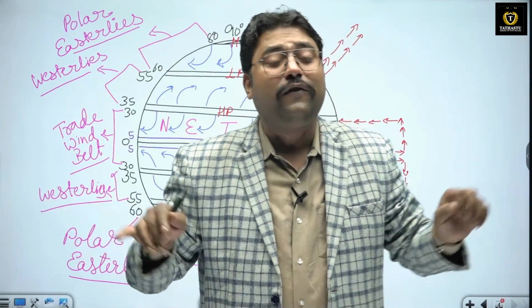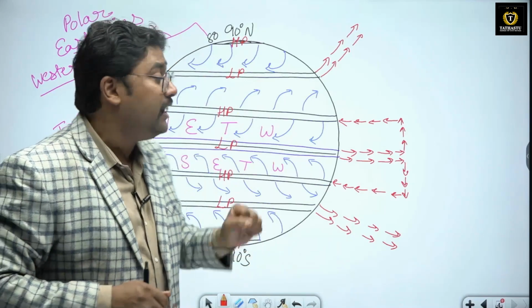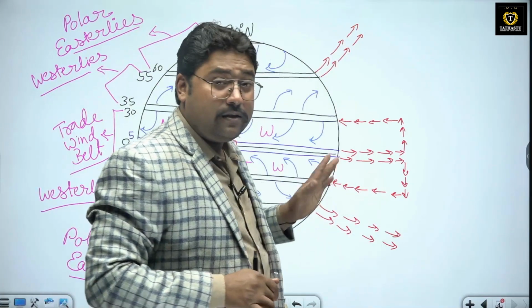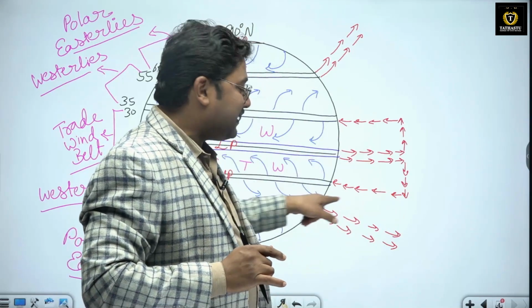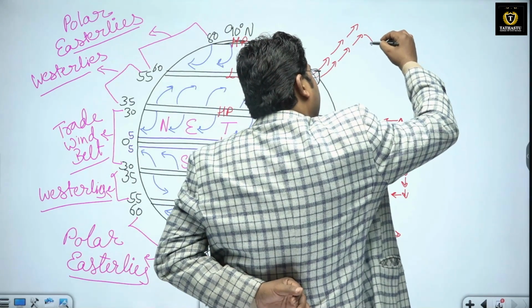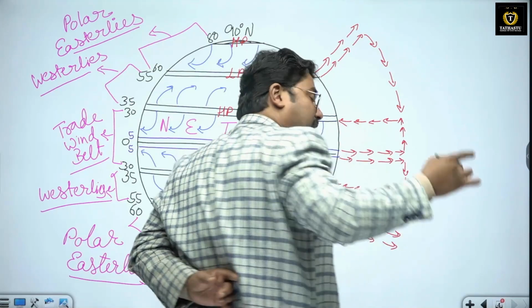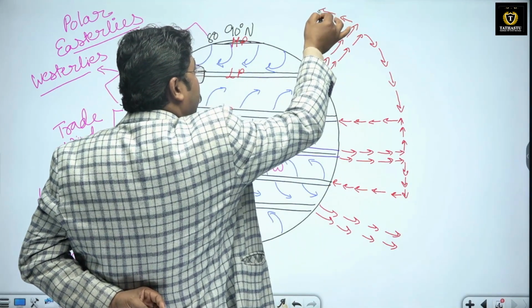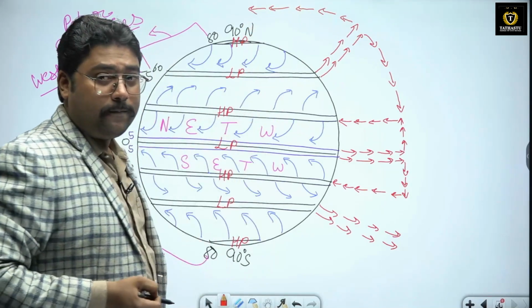And if you notice, the temperature over this latitude remains in minus, means temperature is not the governing factor for the movement of wind, or basically for the creation of pressure. Now again, when they reach the tropopause, they will become high, and over here as the air is sinking, it is low. So one part will move this way, in the upper atmosphere towards the lower latitude, and one part will move in the upper atmosphere towards the pole.